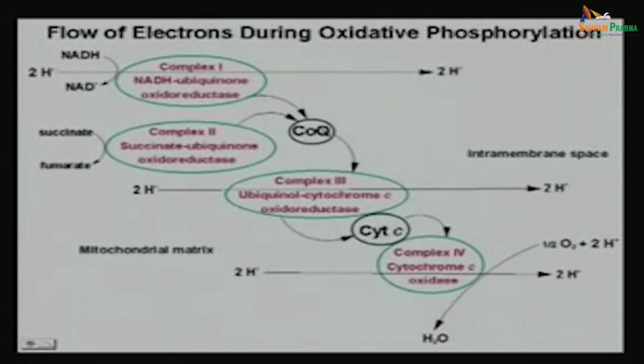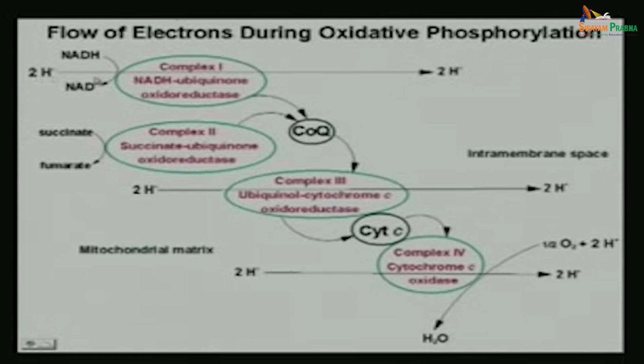Ubiquinol is transferring the electron to complex 3. FADH2 is also transferring electrons to ubiquinol, and ubiquinol is once again transferring to complex 3. From complex 3 it goes to cytochrome C, to complex 4, and in complex 4 the oxygen molecule is reduced and water is produced.